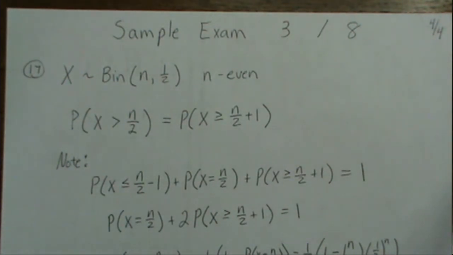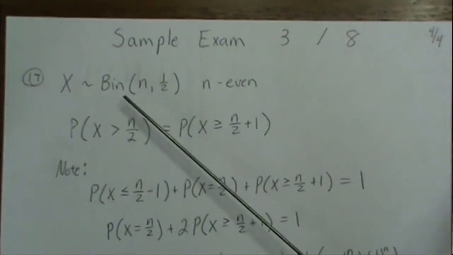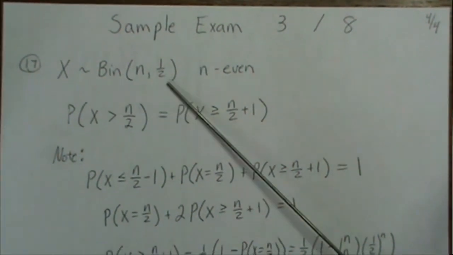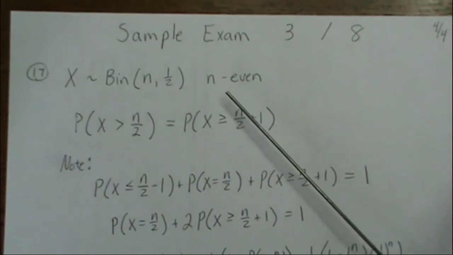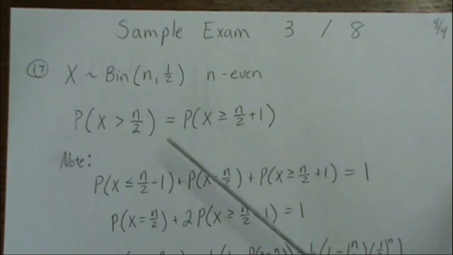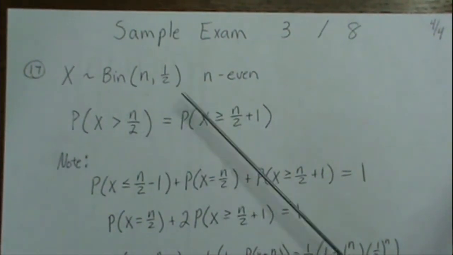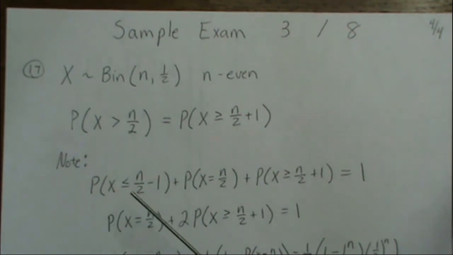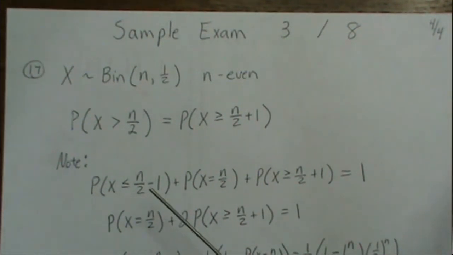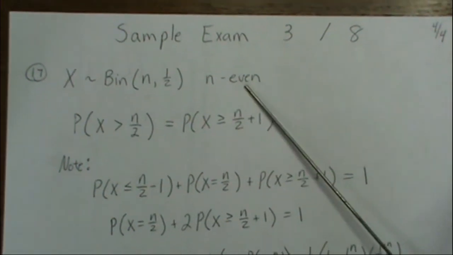X is binomial with n and 1/2. Now n is even, so there's a middle value, and that middle value is n/2. If n were odd, there would not be one value in the middle. So that's why they say it's even.